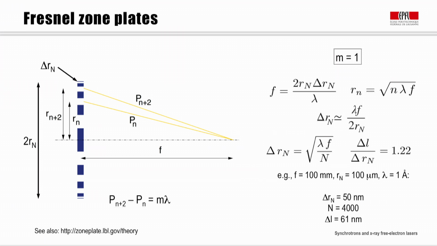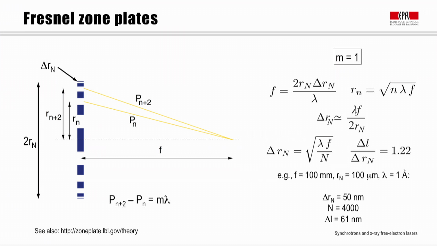Such a delicate structure is synthesized by electron beam lithography. Note also that the ultimate resolution of an FZP is determined by delta R_N, the outer ring thickness, and is equal to a value a little more than this by a factor of 1.22.